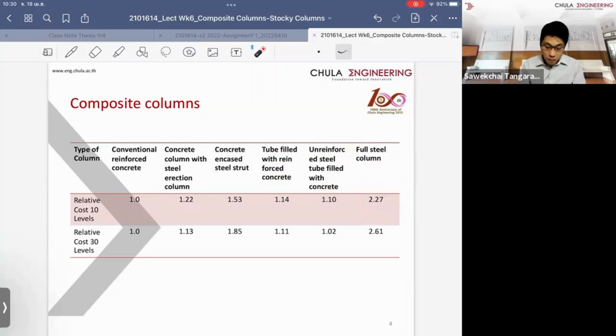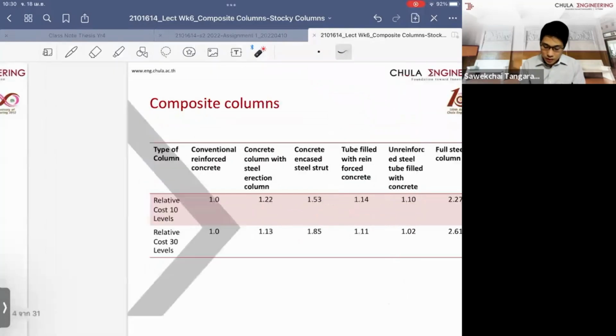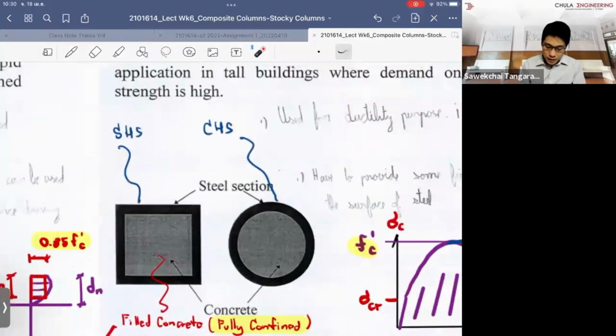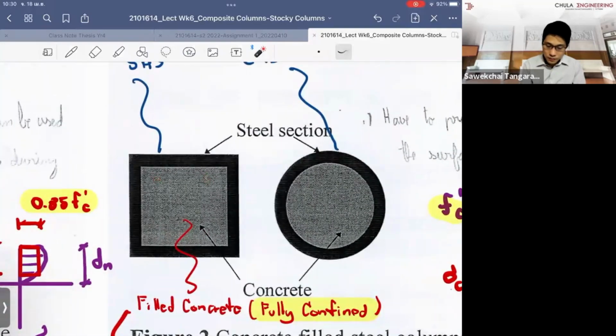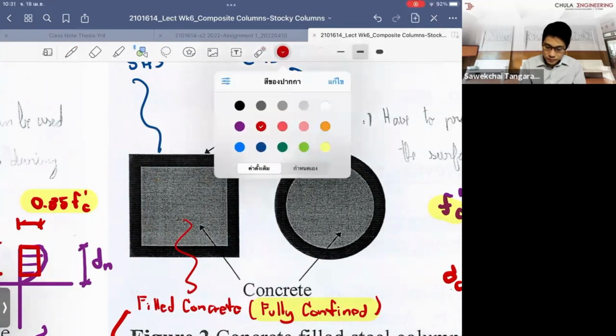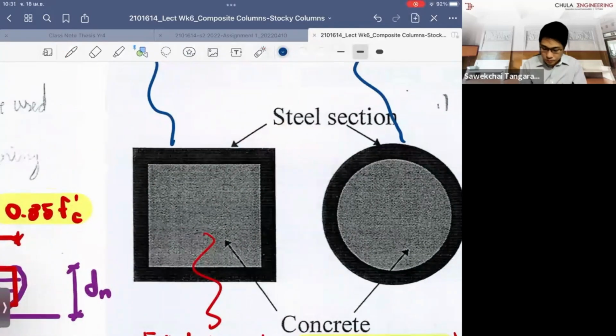But if you use the proper design, let's say you're looking at the tube filled with the reinforced concrete. So what does it mean? Inside the concrete, you also apply what is called the rebar inside as well. Normally people take this into account.